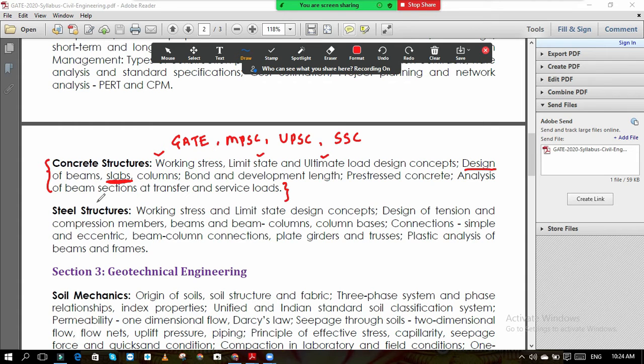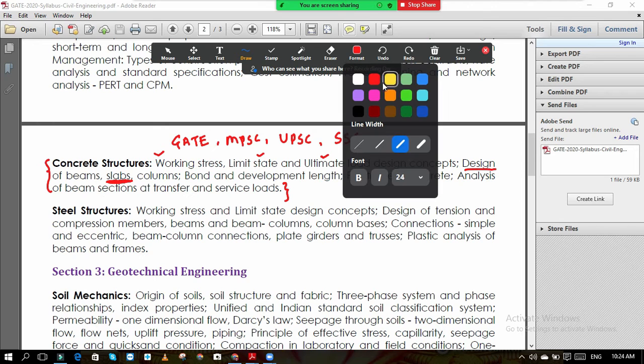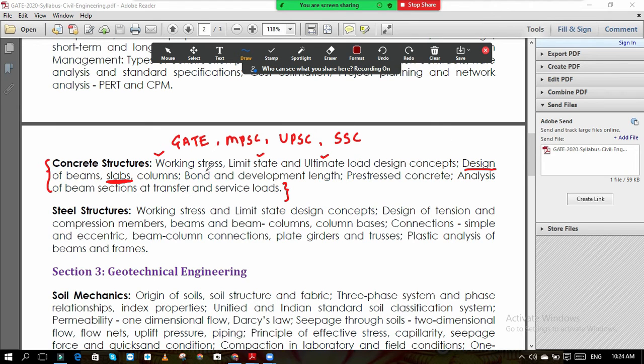First of all, if we go through the syllabus, you can see here, this is first the working stress method, which we have already seen. Then limit state, ultimate load design concepts, ultimate load method, then design of beams, slabs, columns, bonds and development lengths, prestressed concrete.